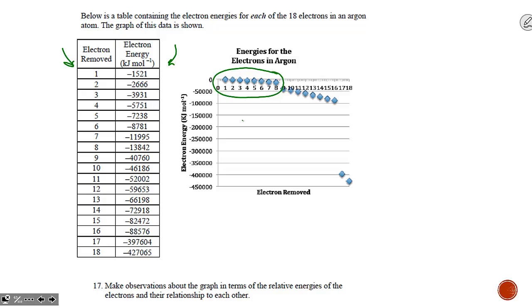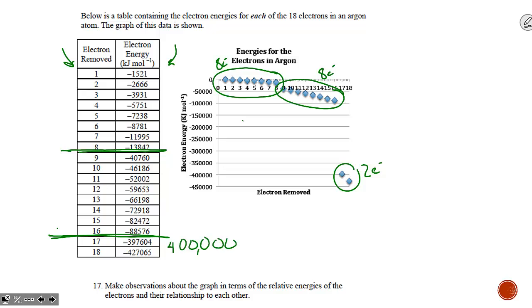It seems that about 8 electrons were very easy to remove. 2 electrons required a ton of energy, and this group is somewhere in between. So the first 8 came out no problem. The next 8 were a little bit more of a problem, and the last 2, it was a chore to get them out. On average, it took 400 kilojoules to take out those last 2 electrons.